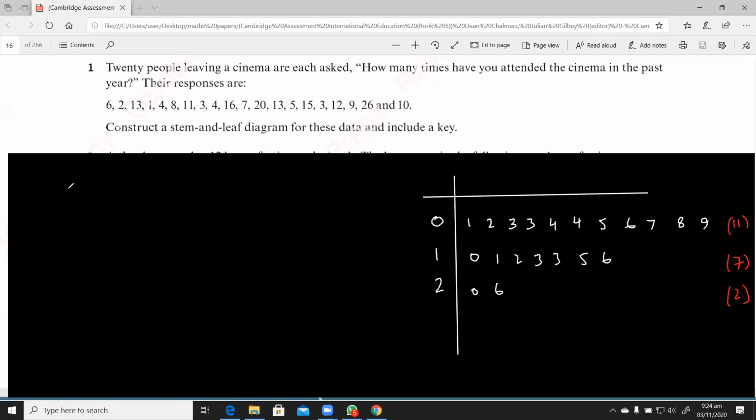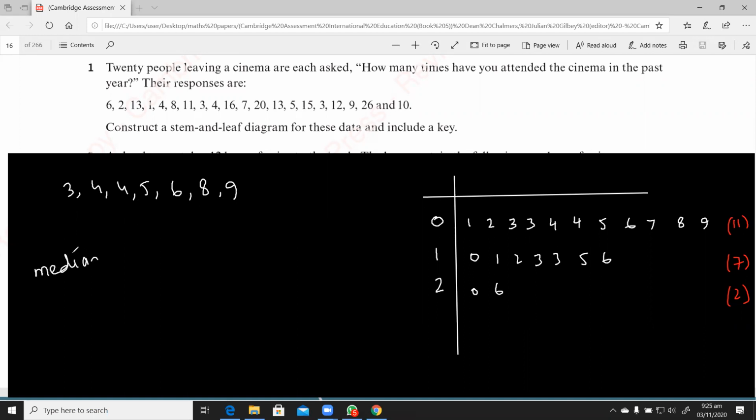Suppose you have the values 3, 4, 4, 5, 6, and 8. Let me keep 9 as well, okay? Now these are 7 observations over here.